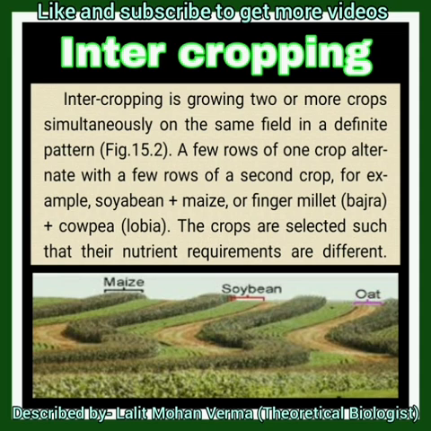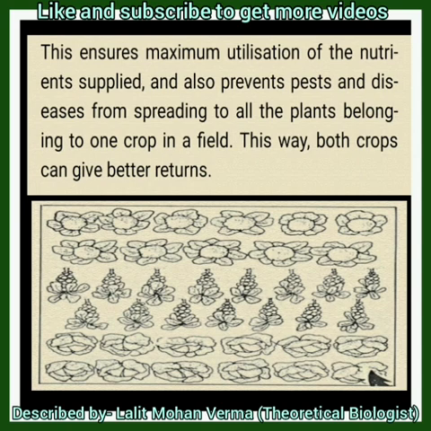In intercropping, a few crop rows alternate with a few rows of a second crop. For example, we can grow soya bean with maize, or pearl millet, that is bajra, with cowpea, that is lobia.